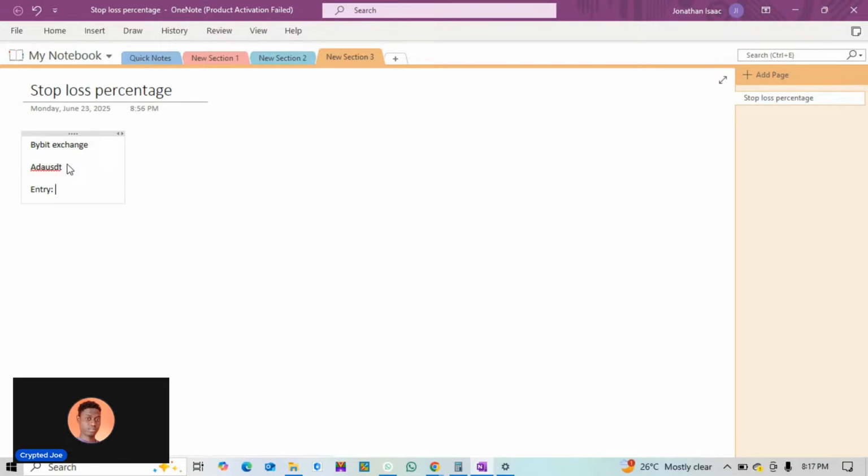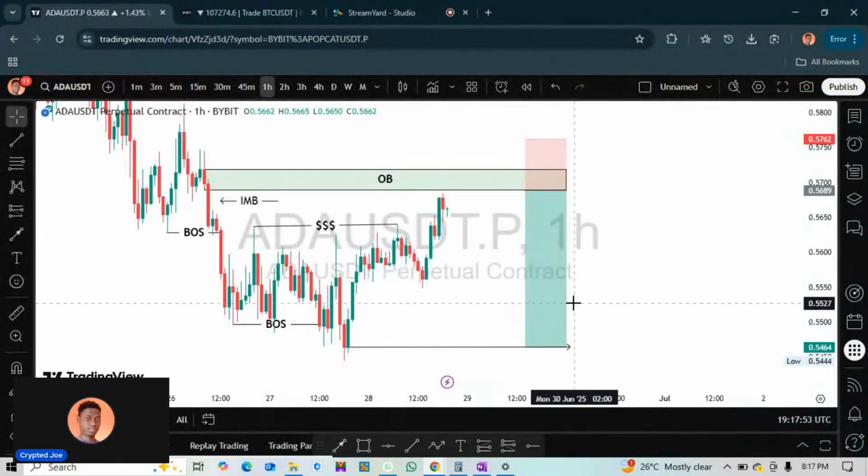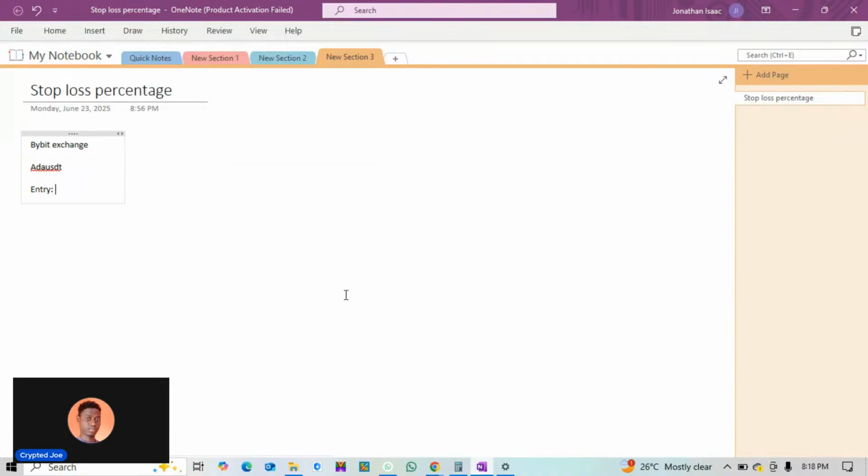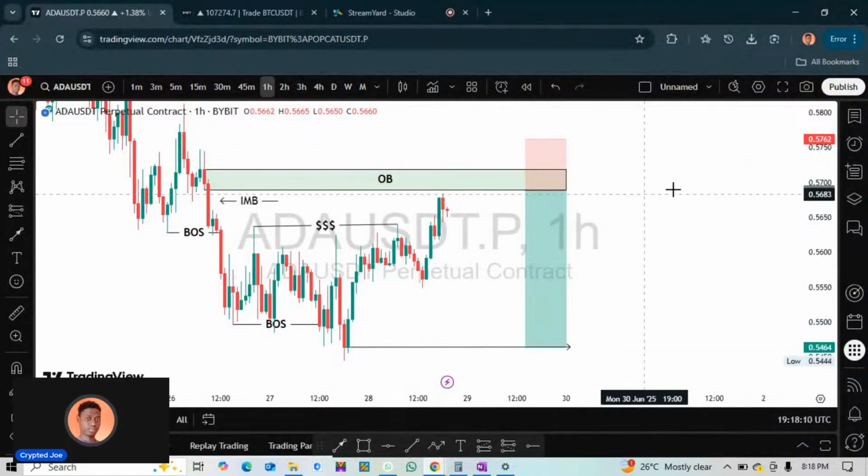Entry is 0.5689. And for the stop loss, you have 0.5762.